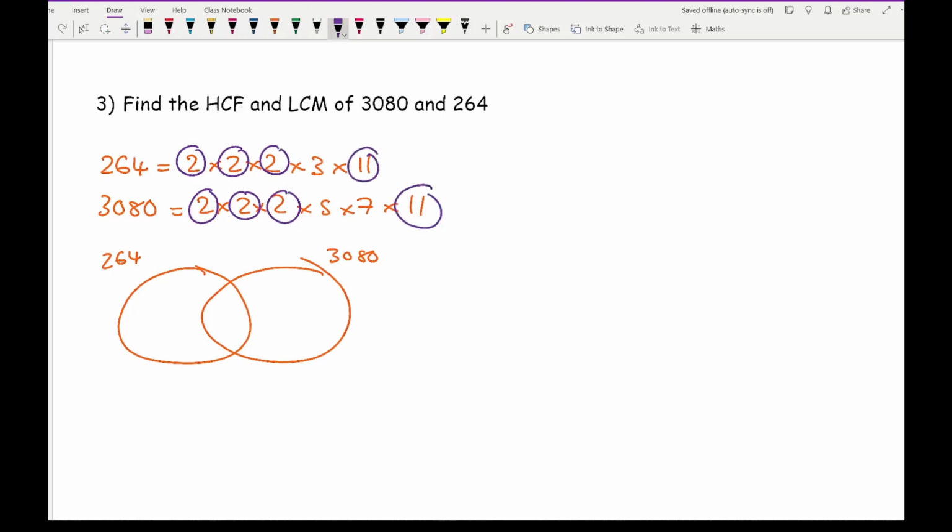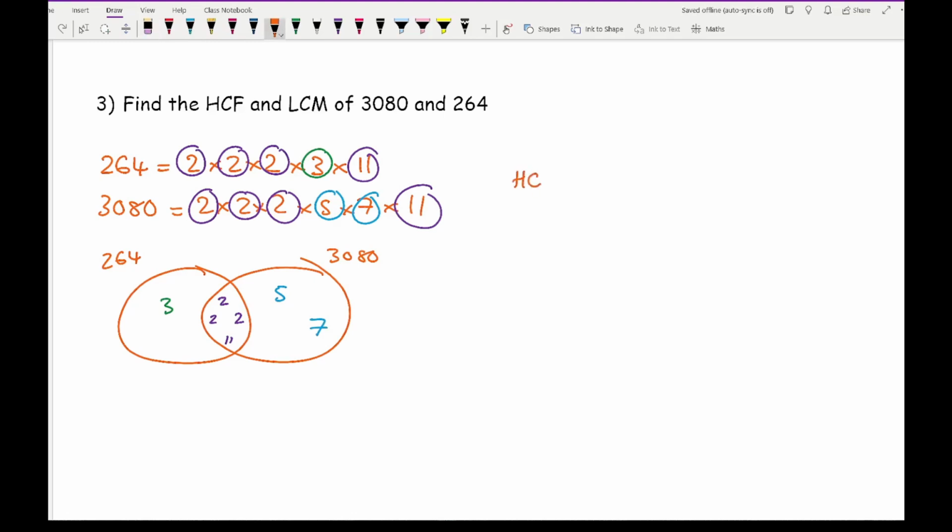So I've got 3 2s, and I've got an 11, and the numbers exclusive to 264 is 3, and the numbers exclusive to 3080 is 5 and 7. Now try and make sure that your numbers don't look like 2-digit numbers. Just try and separate them so you can see. Don't worry about how it looks. It's just preventing you from making any silly mistakes by not realizing what you've done.